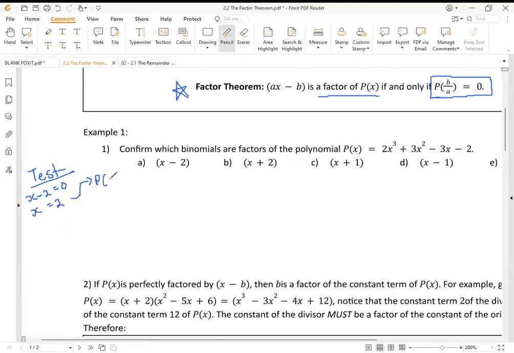I don't have much space, but p at 2 is 2 times 3 cubed plus 3 times 3 squared minus 3 times 3 minus 2. 3, 9, 27 minus 9 minus 2. I am not even going to try to figure that out. All I care about is whether it's 0 or not. So without wasting time, can you see that's not going to be a 0? Yeah? Keep moving. Yes? I thought we're doing b divided by a.